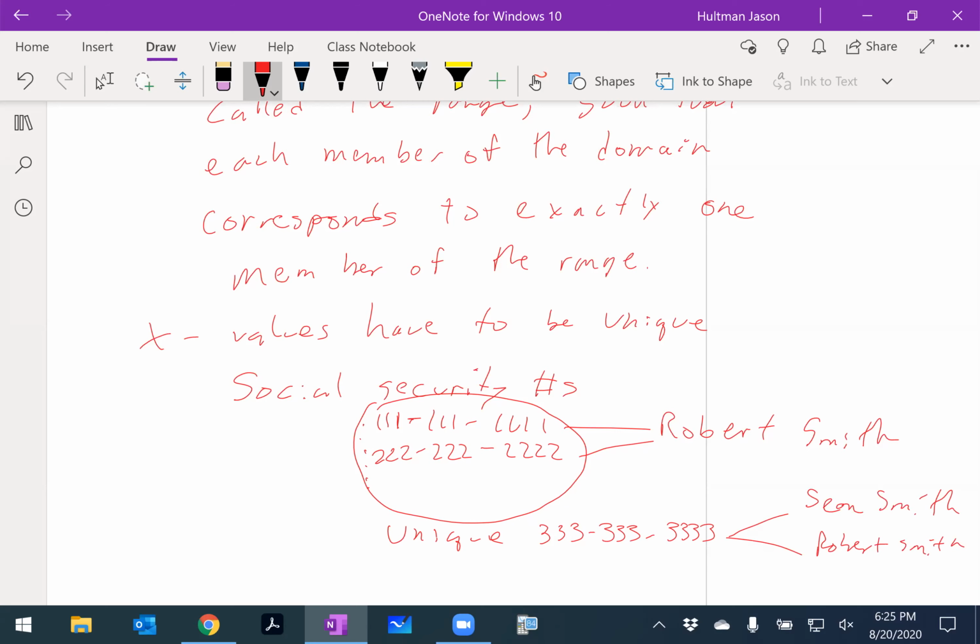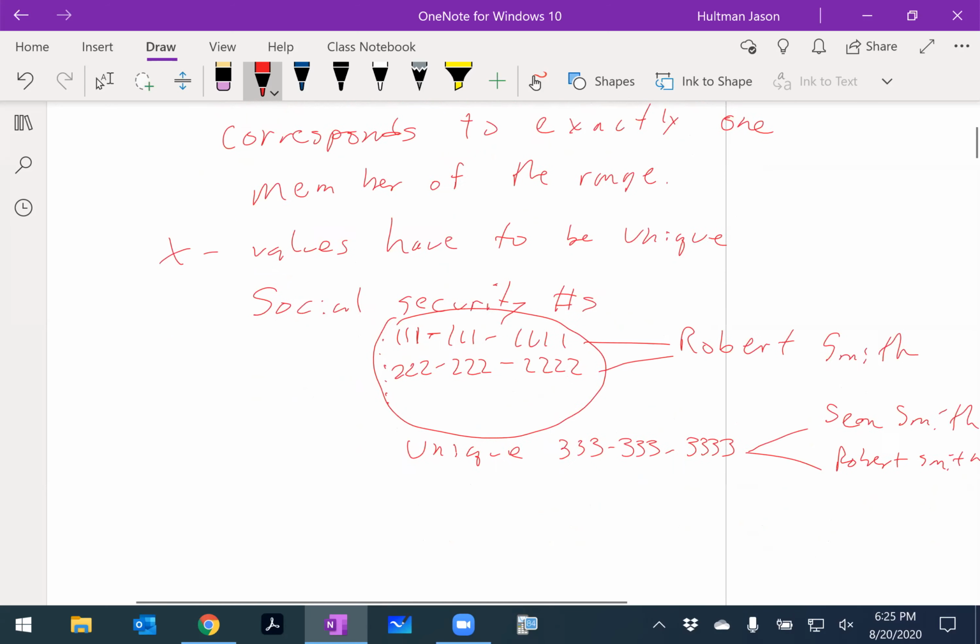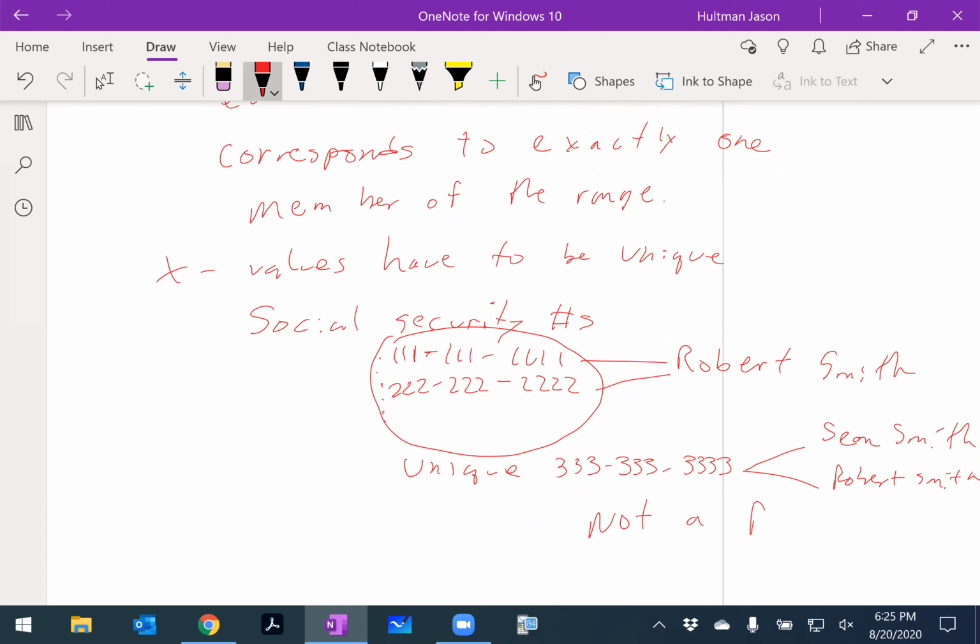Therefore, this relationship is not a function, because you repeated your input twice. It's just a relation. So this is my input, this is my output. It's only a function if for every input you have a unique output.